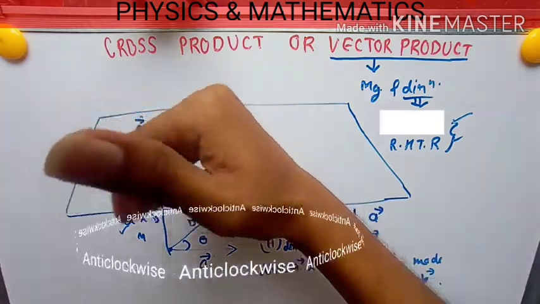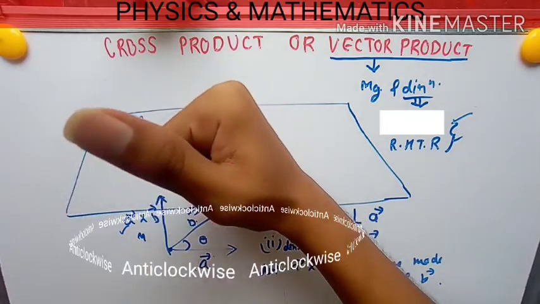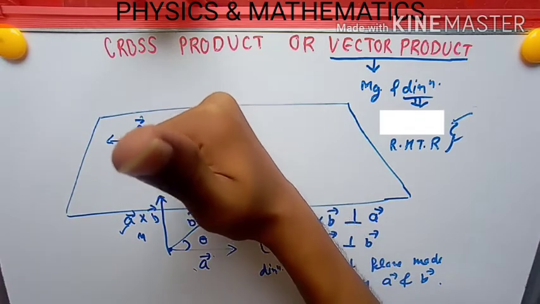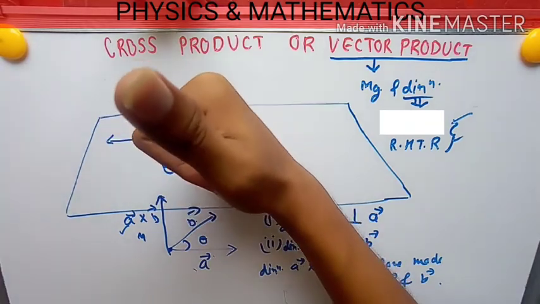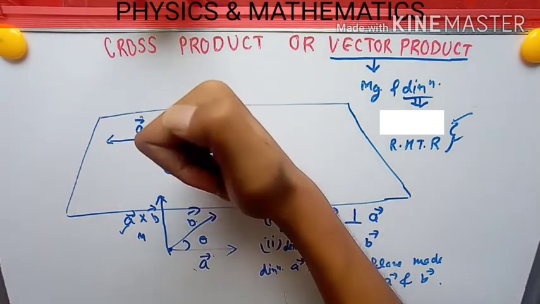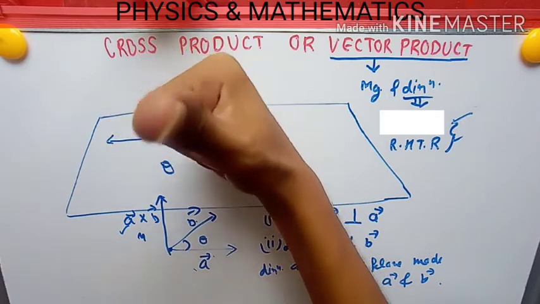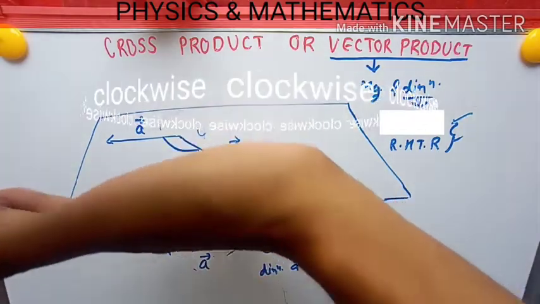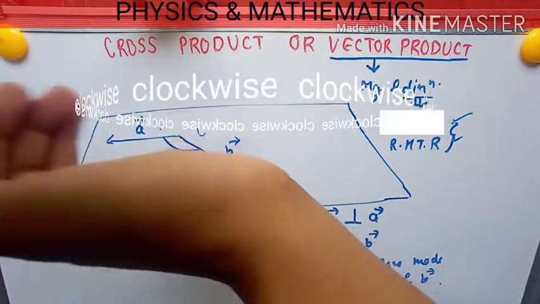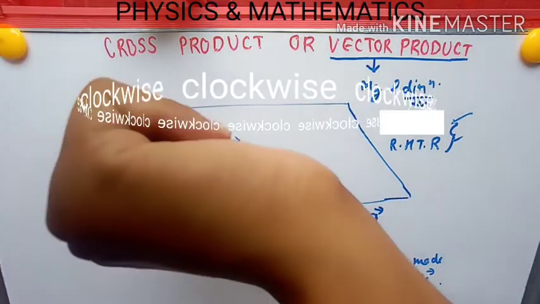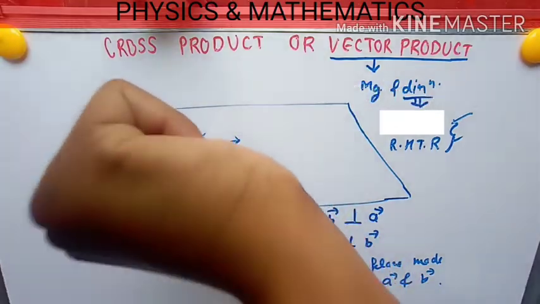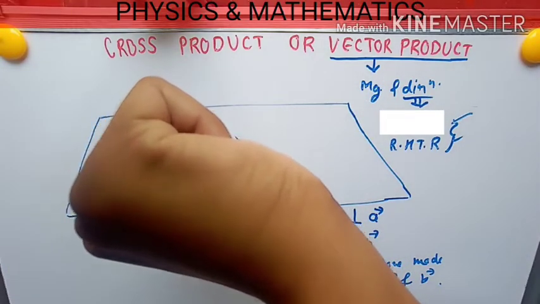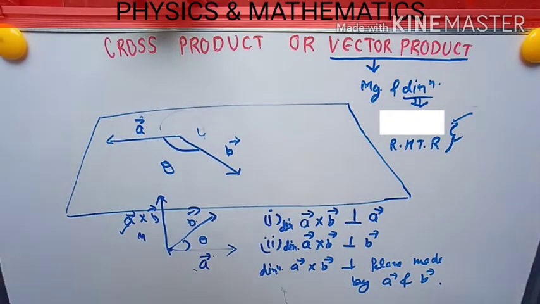Which direction is this? Tell me. This is the anti-clockwise direction. So when you rotate your hand anti-clockwise, the screw comes out, and this is the outward direction. Easy. And when you rotate like this, the screw goes down. Now understand, this is also a simple concept about direction.